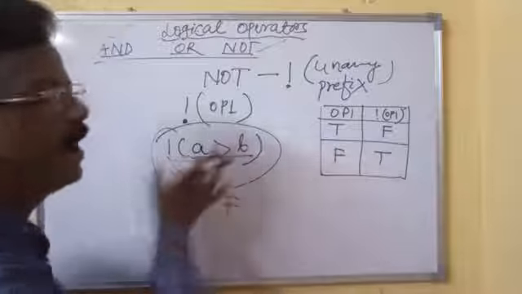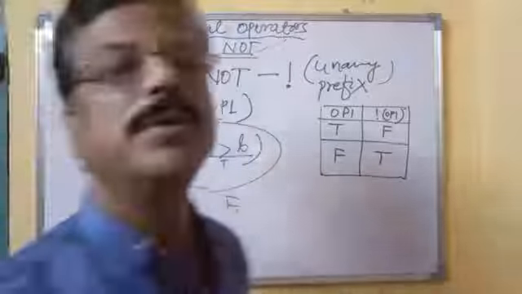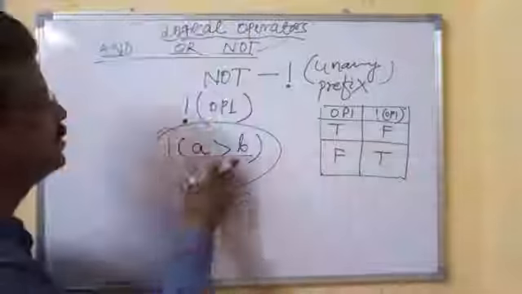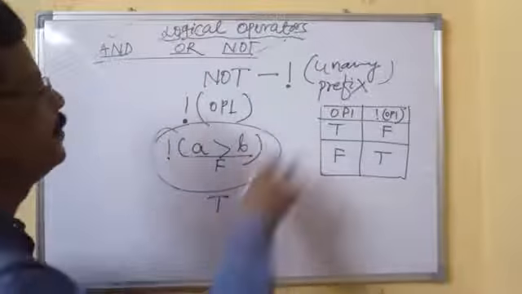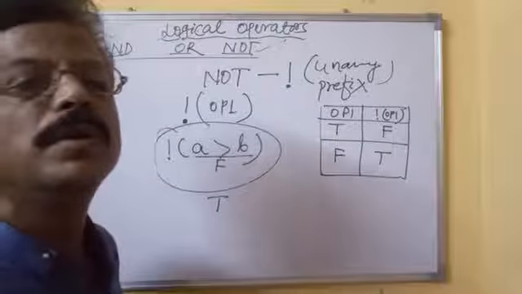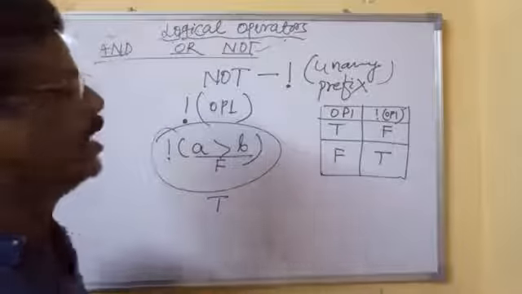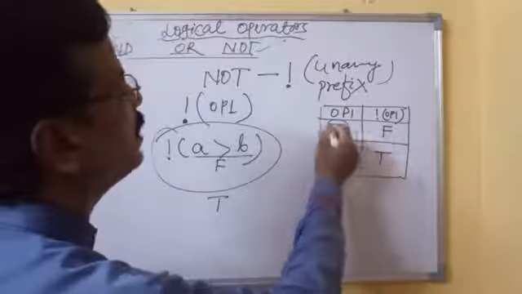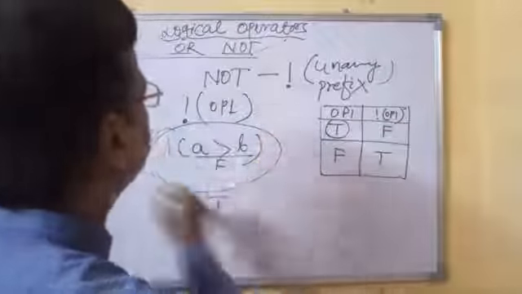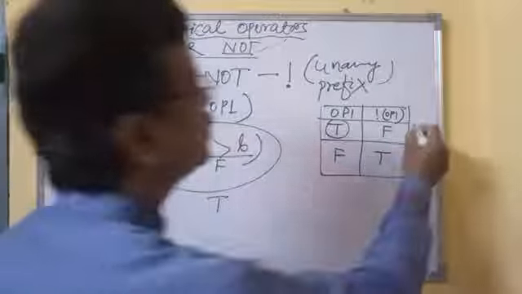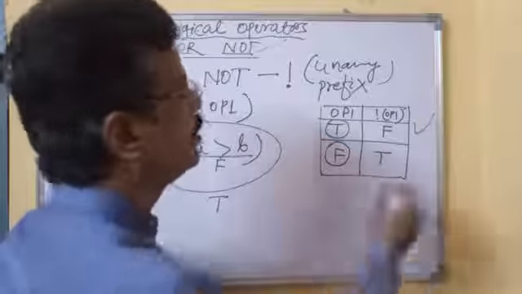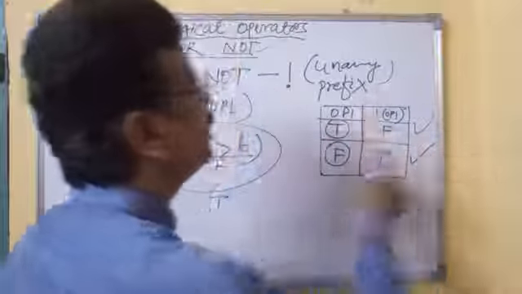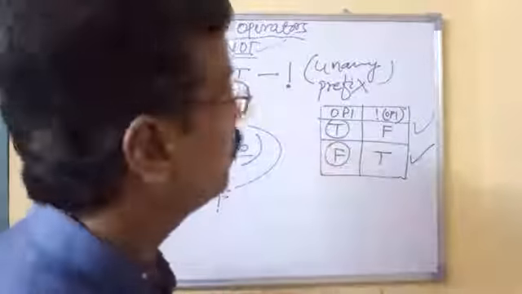Whatever the operand's answer, it just makes it opposite. Suppose this one is false, then as a whole the answer is true. Just making it opposite. If the OP1 answer is true, then the final expression answer is false, and if the OP1 answer is false, then the whole expression answer will be true.